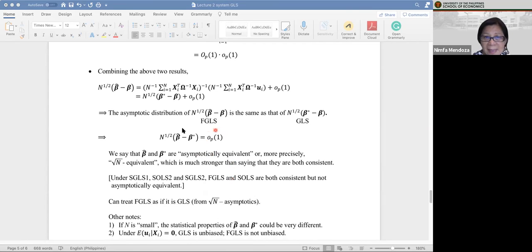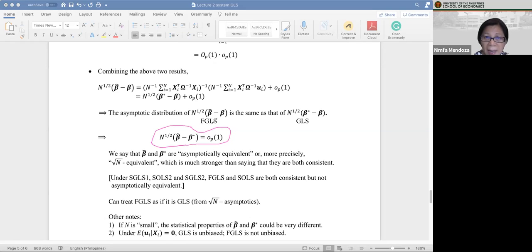In this case, from this expression, we say that beta hat and beta star are asymptotically equivalent.